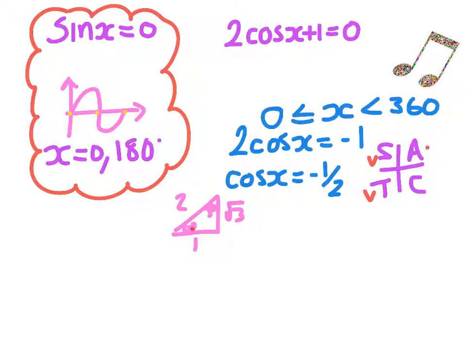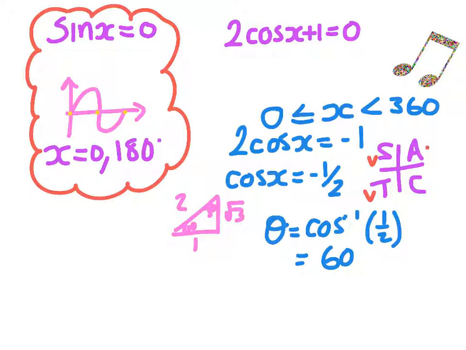In our triangle, that's 60 degrees, has an adjacent side of 1 and a hypotenuse of 2. And so theta, which is equal to the inverse cos of positive a half, is equal to 60 degrees.